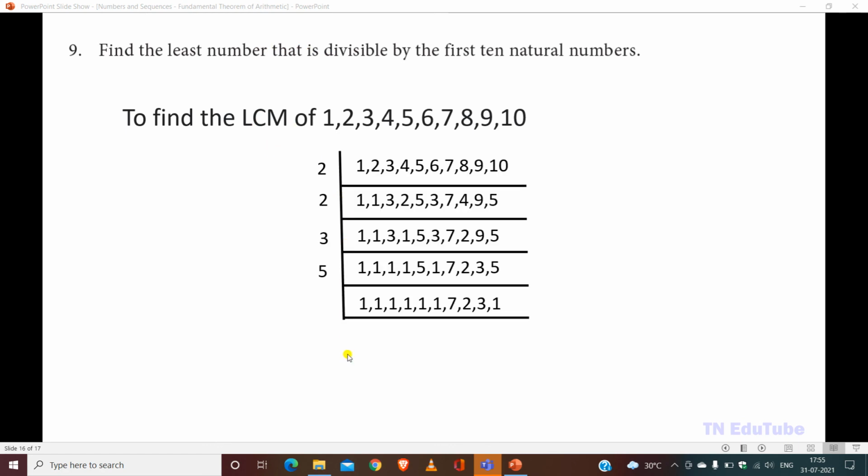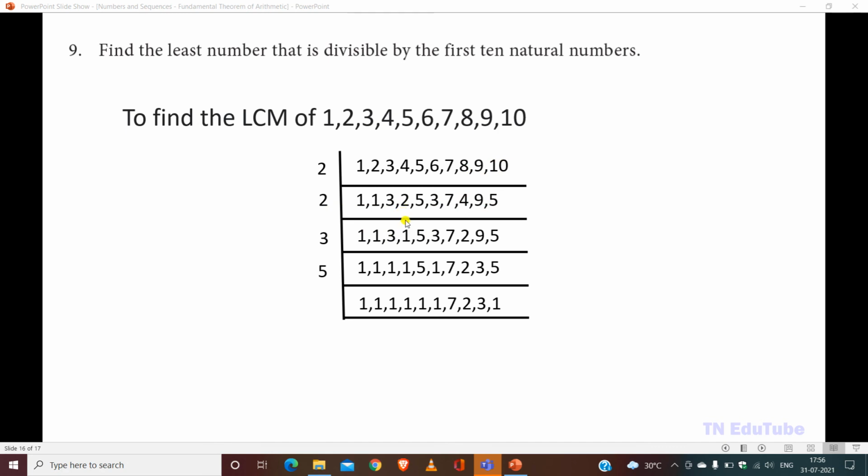Factorize these numbers. First you take 2 table: 1, here it is 1. Then 4 is divisible by 2, so 2. Then 6 is divisible by 2, so 3. 8 is divisible by 2, so 4. 10 is divisible by 2, 5. Again divisible by 2, you have to factorize like this.